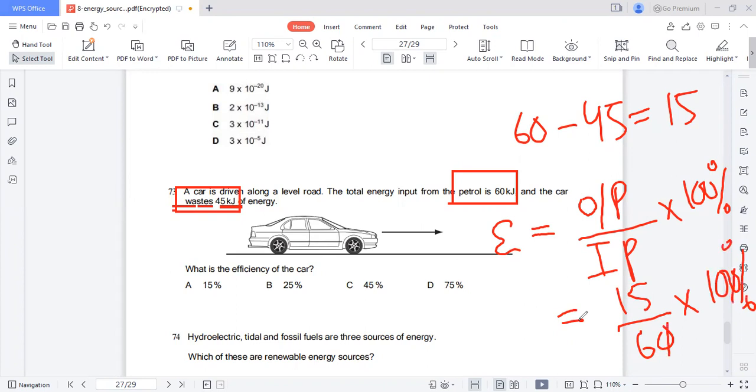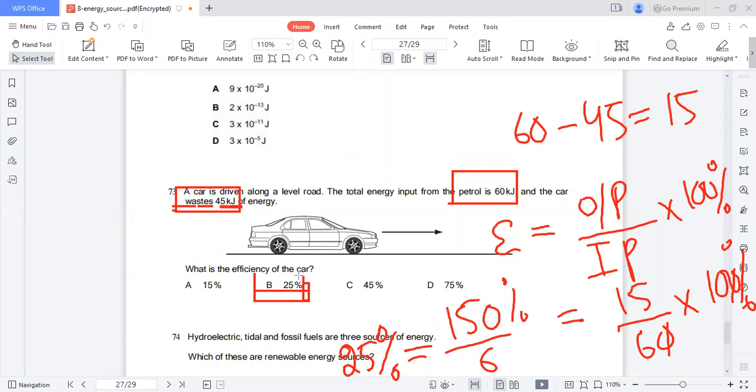So 10 times 15 is 150%, divided by 6, and it would become 25%. So 25% of the energy is our useful energy. That is the efficiency, sorry. 25% is the efficiency of the car.